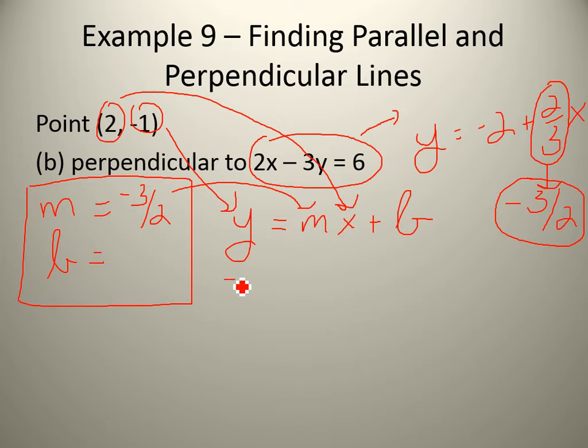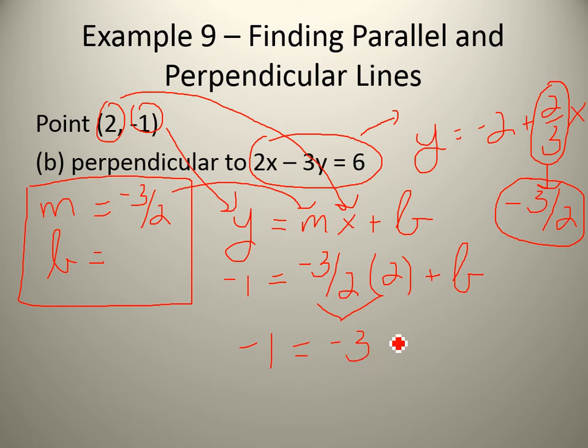I get -1 equals -3/2 times 2 plus b. So when I do -3/2 times 2, I get -1 equals -3 plus b. So when I solve this, I add 3 to both sides. I get b equals 2.